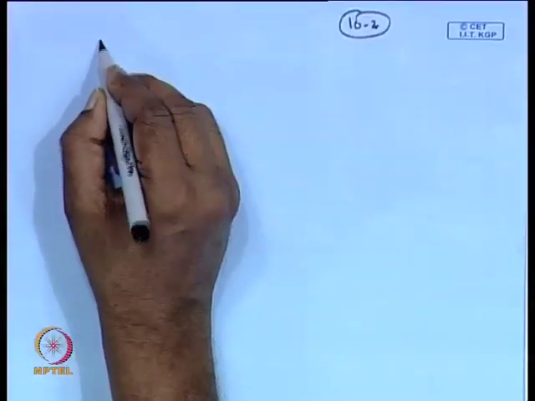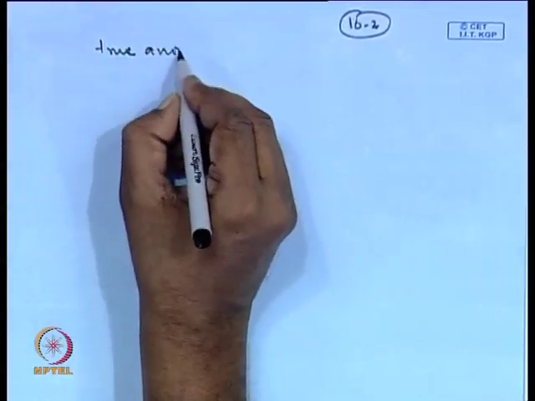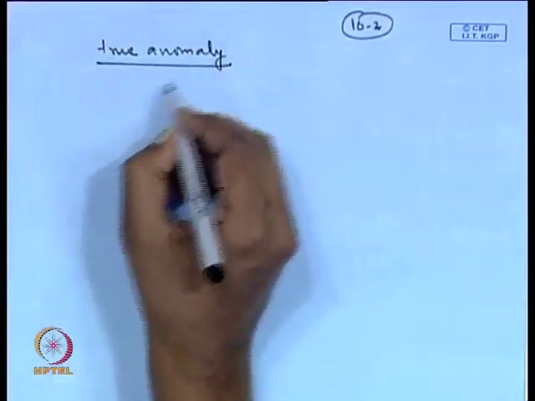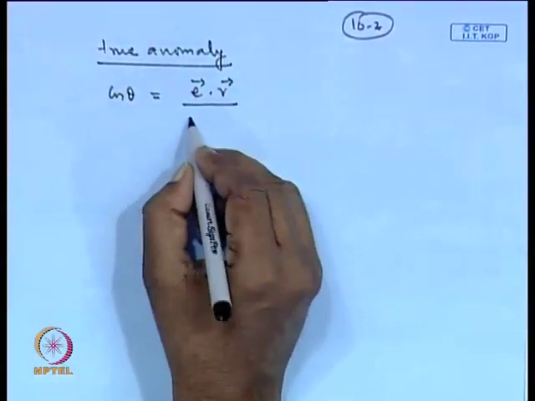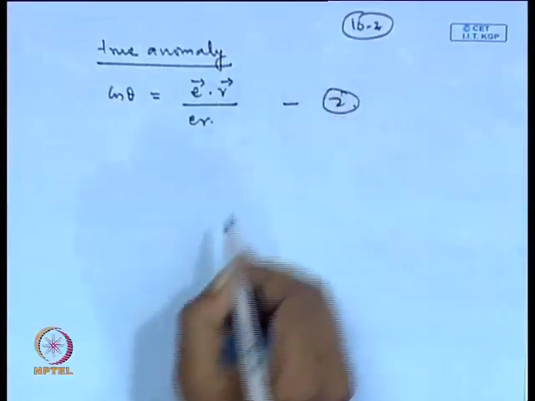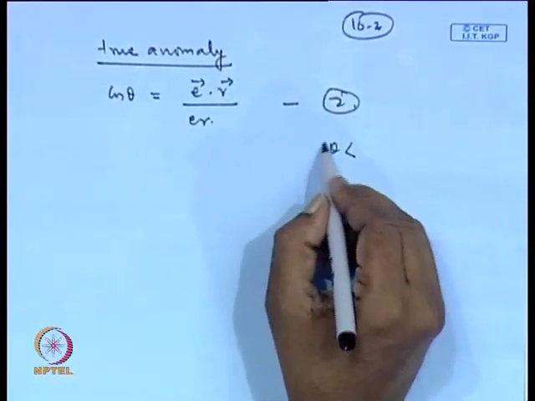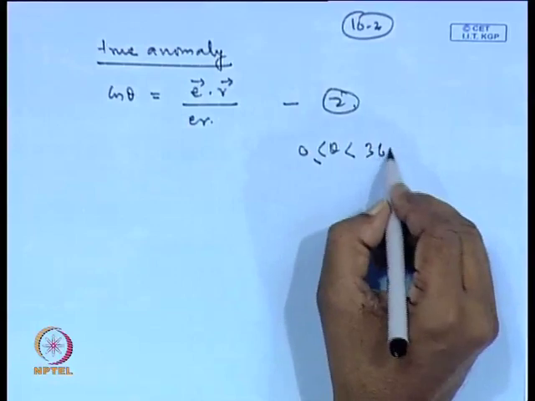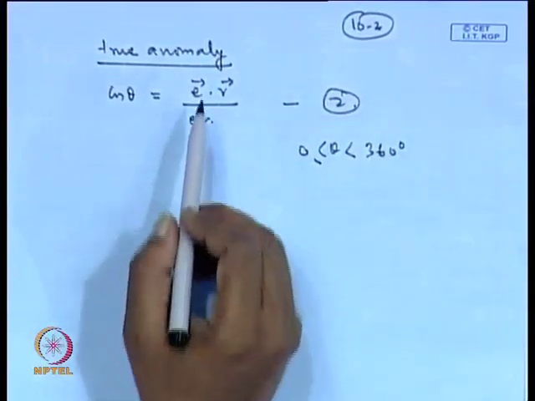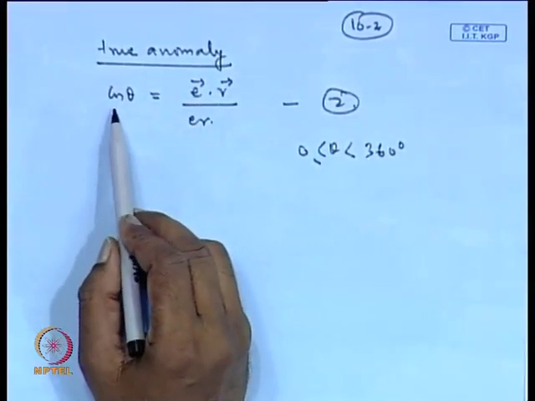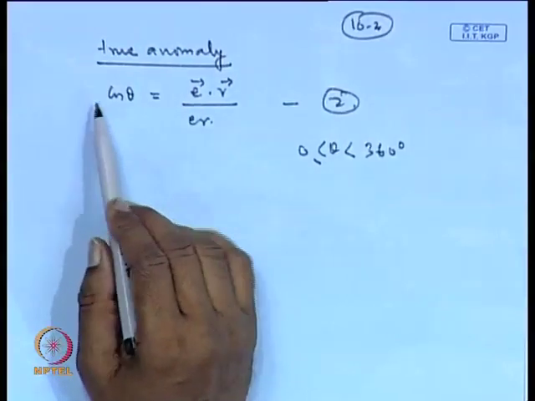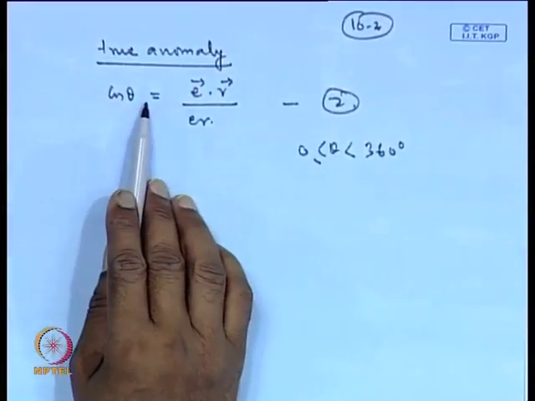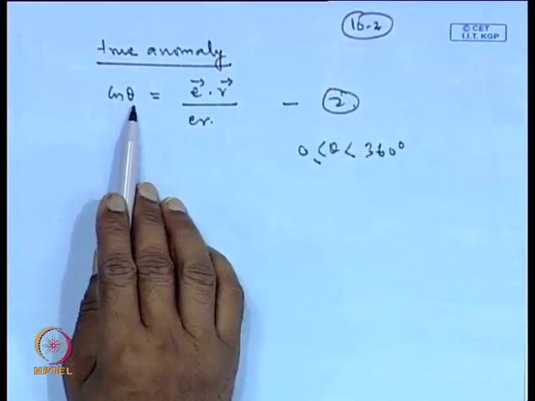Now, the next is the true anomaly. For the true anomaly, again we have cos theta is equal to E dot r, where theta will lie between 0 and 360 degrees, but cos theta will give the correct value only up to 180 degrees.